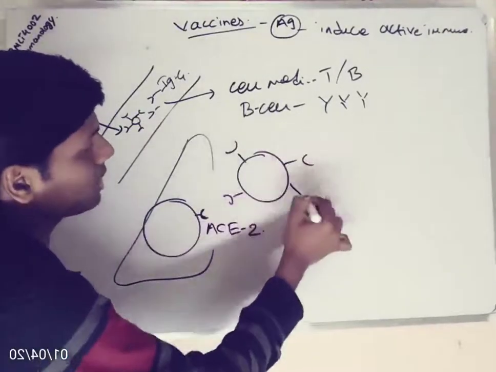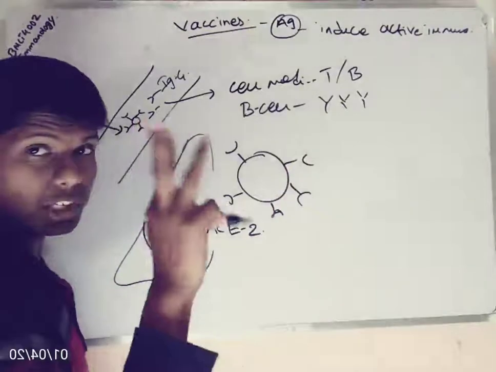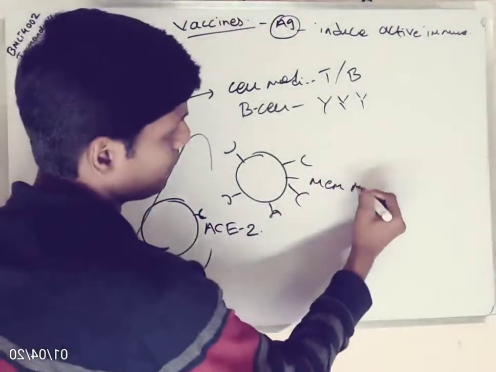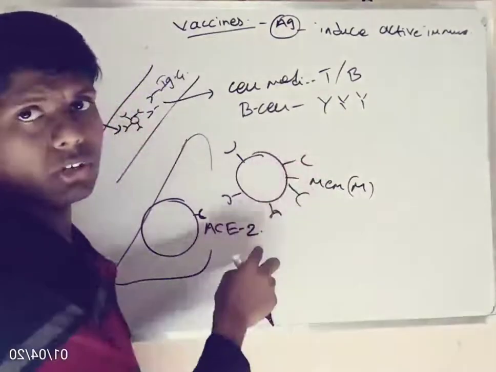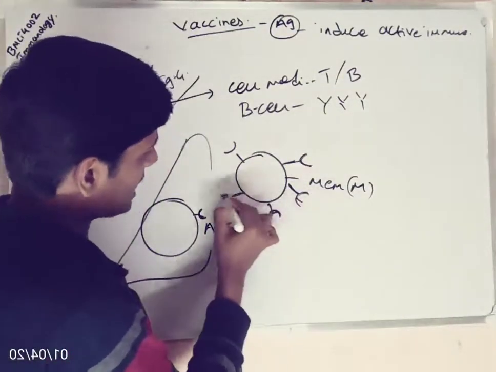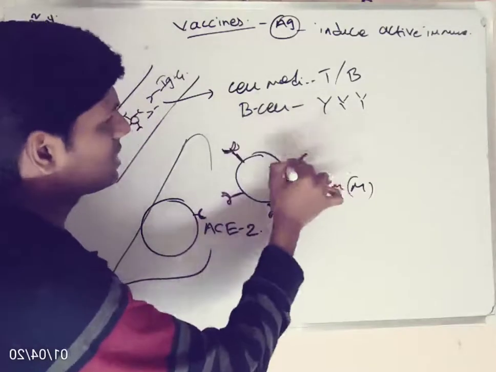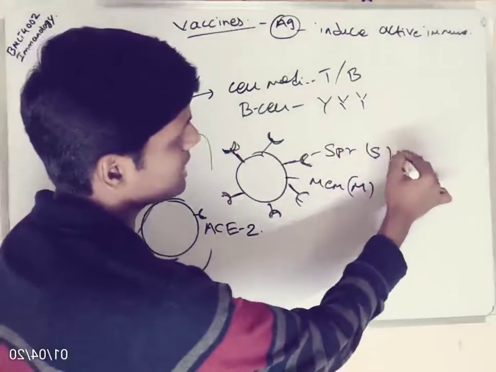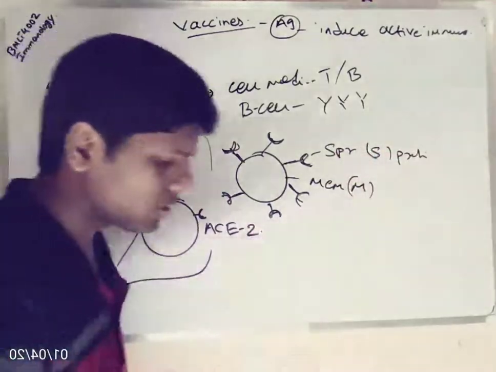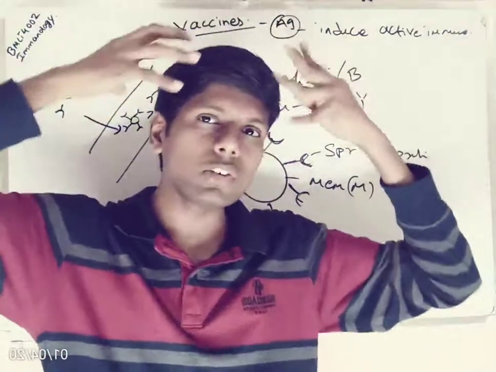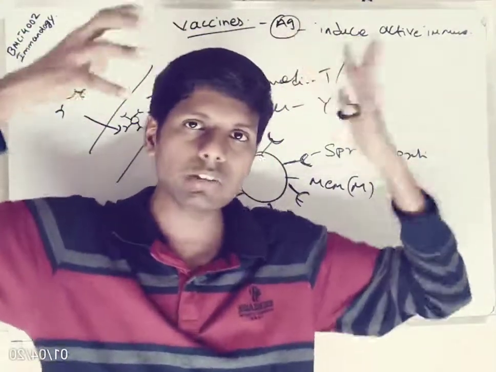So this is the coronavirus. Coronavirus has three proteins. One is the membrane protein, M protein, which is the membrane of the coronavirus. Then it has crown-like structures. So what is a crown? These spikes are called crowns. These are spikes, S proteins. Crown means like a crown, the kind of helmet-like thing kings and queens wear.